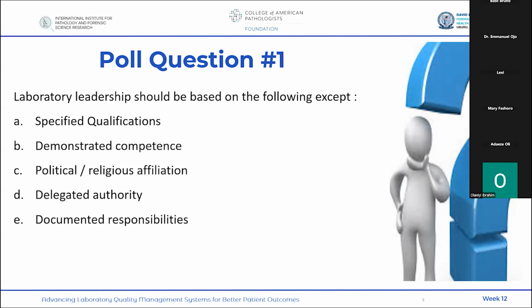So please look at this to help us understand and appreciate this better when we get to the presentation. And then number two talks about document control features. What are the elements of document control features? The third one talks about records or the necessary documentation required for accreditation assessment.